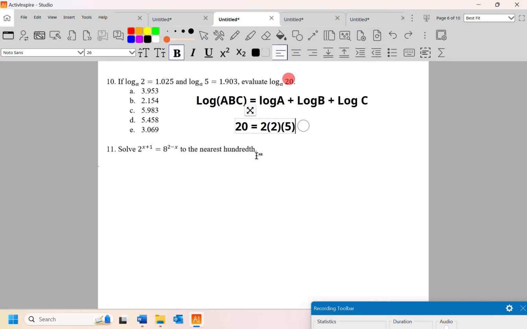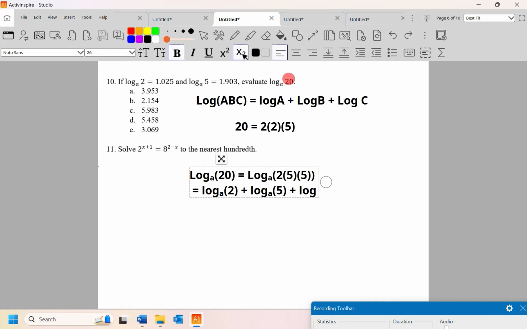That means that I can write log of 20 is log base A of 2 times 5 times 5, which is log base A of 2 plus log base A of 5 plus log base A of another 5, because I just take these things inside and break it apart.